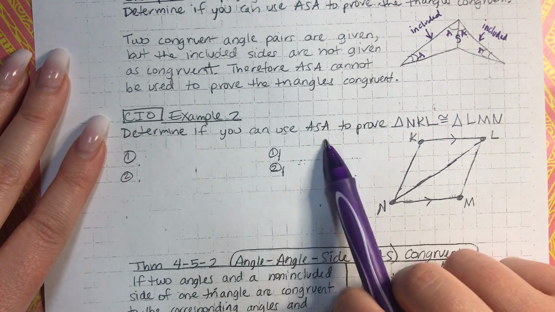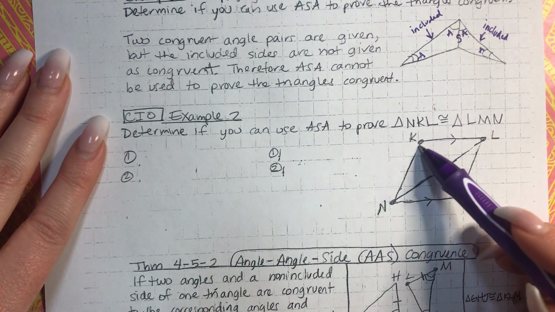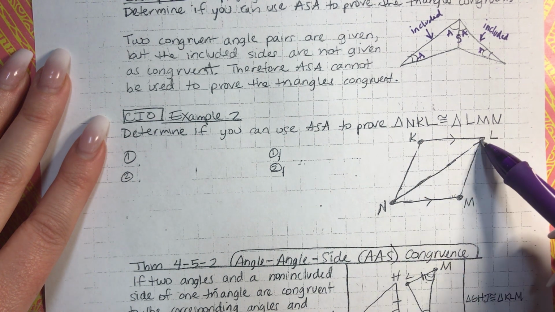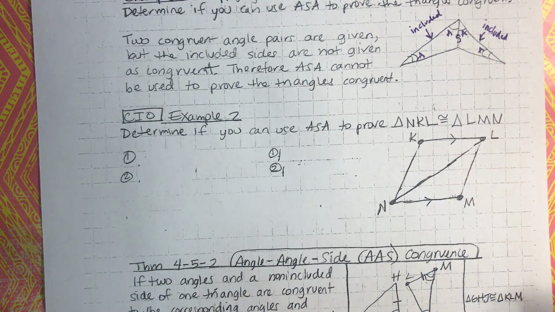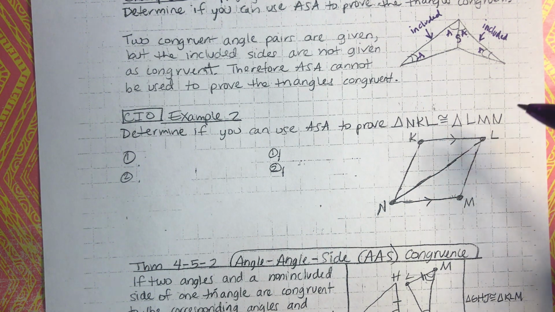It says determine if you can use angle side angle to prove that triangle NKL is congruent to triangle LMN. Okay, so here we have this lovely information. Let's see if we can prove it. The only thing I see, well, not the only thing, but I do see that these lines are parallel.